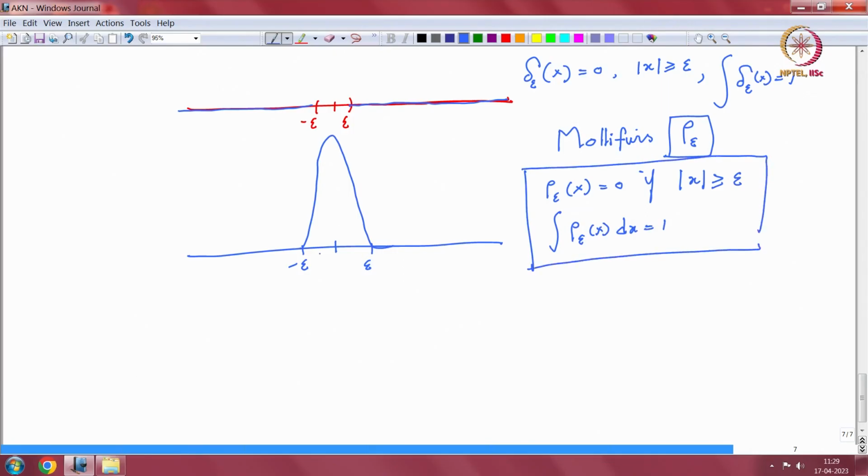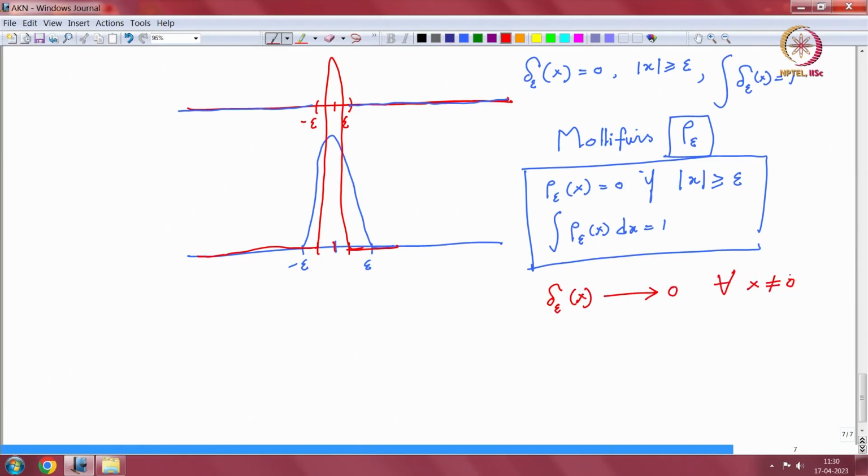When epsilon becomes smaller and smaller, and you look at another epsilon here, you want this area to be the same, so you have to go to a further peak to keep the area 1. If you look at this function delta epsilon, you see that delta epsilon of x converges to 0 for all x not equal to 0.